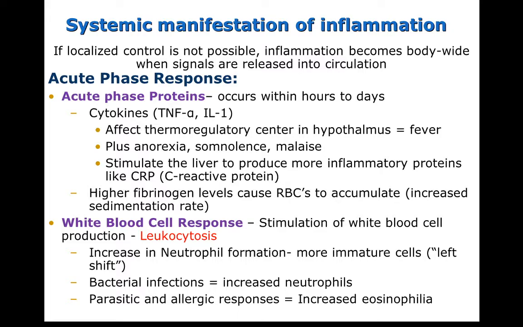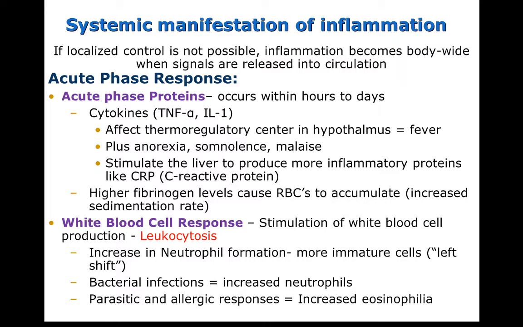Sometimes the chemical signals of inflammation are released into the circulation. This triggers a systemic inflammation, and in fact, tumor necrosis factor and interleukin-1 will affect the thermoregulatory center of the brain, or the hypothalamus, and produce fever.